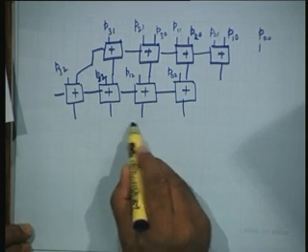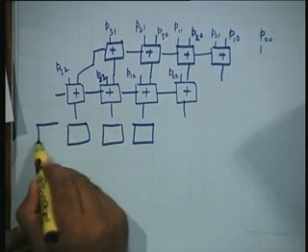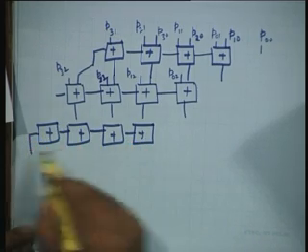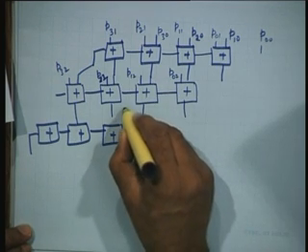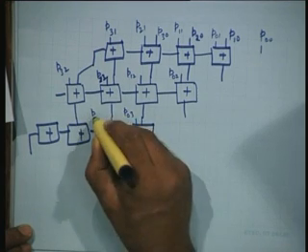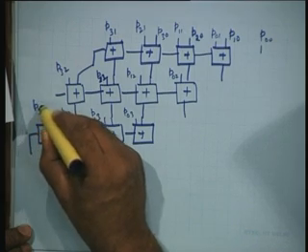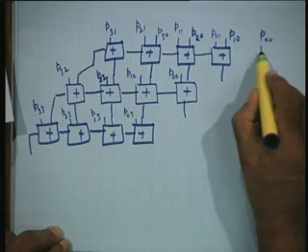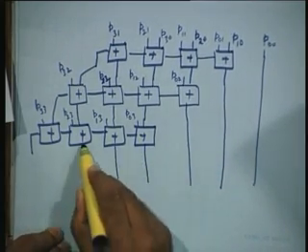And in the last stage, we add P03, P13, P23 and P33, and we require 8 result bits.